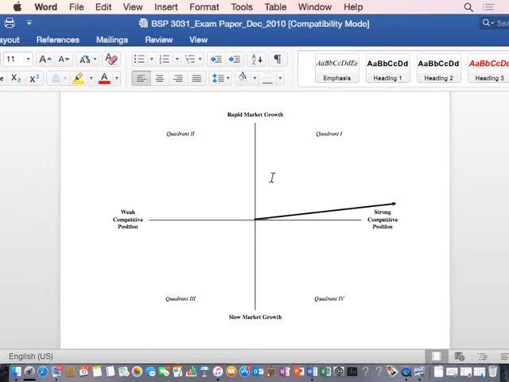And the y-axis, rapid market growth versus slow. So we know the company is around here. What does it tell you about the company if it is around here? It is in a very strong competitive position, even though the market is tight and tends to be mature.